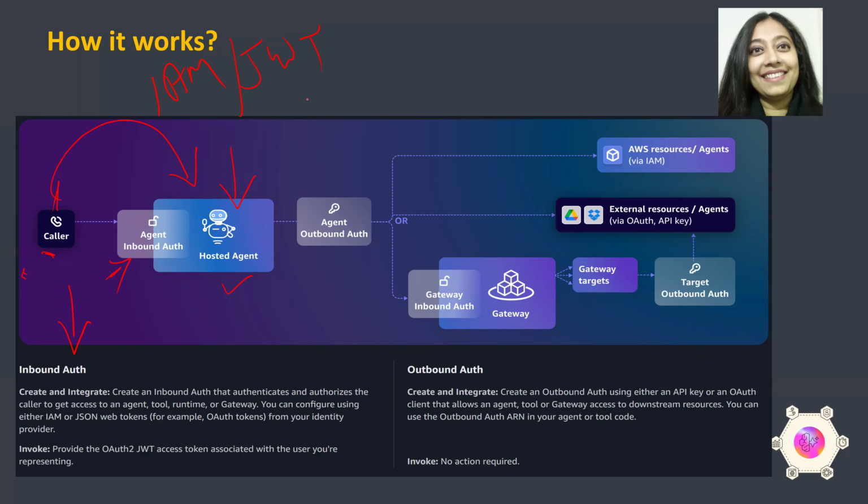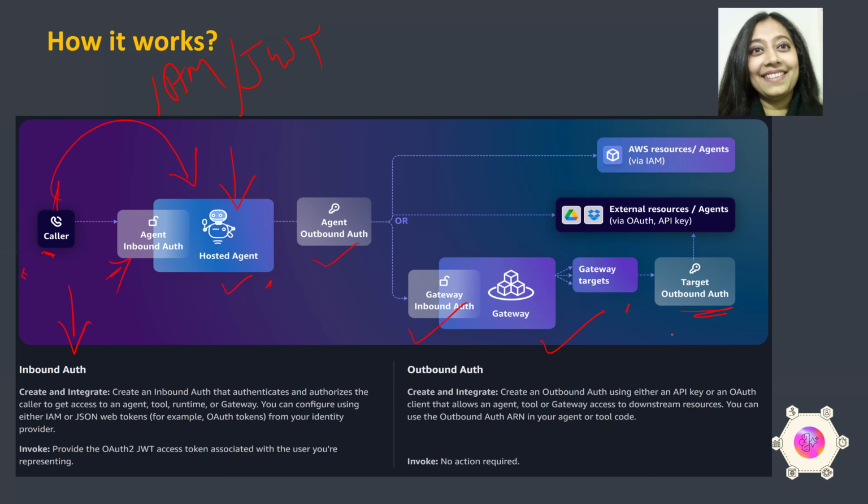Now, from here, our agent calls a gateway. So the agent needs outbound authentication and the gateway needs inbound authentication and authorization. Gateway internally behind the scenes has gateway targets. So targets need outbound authentication and authorization as well.